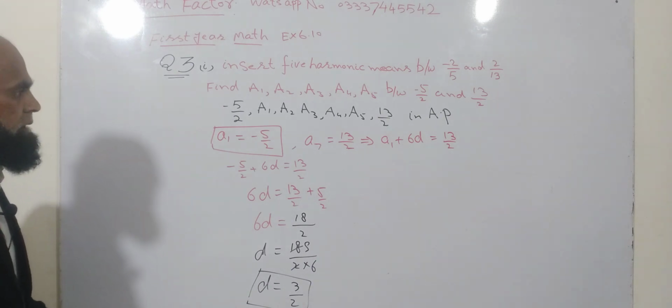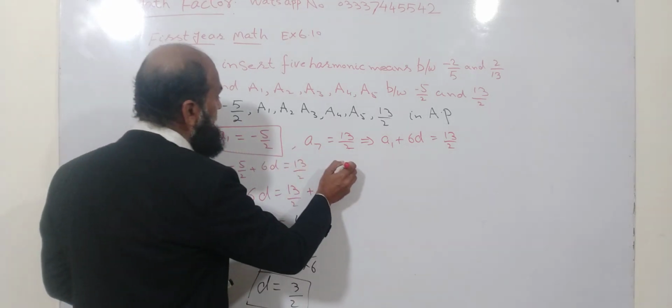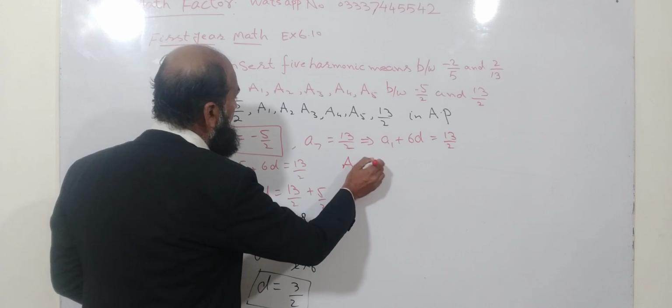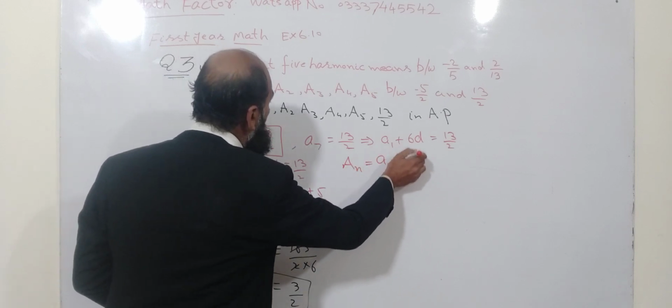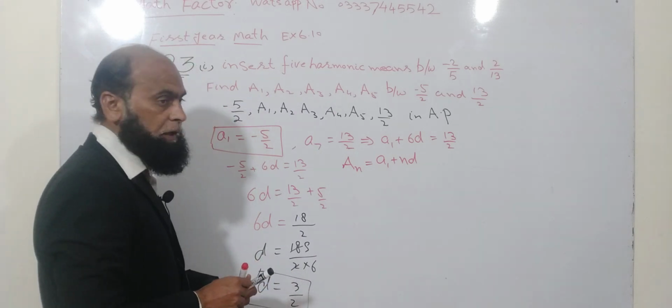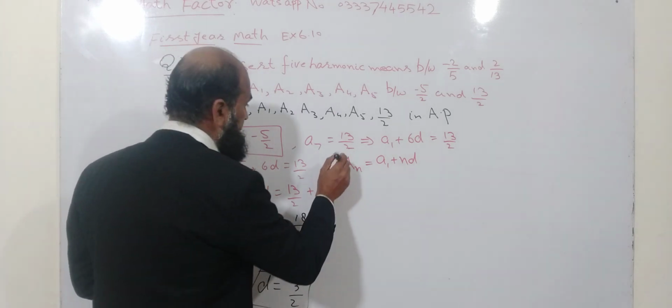Now we find by using the formula of arithmetic means. Nth arithmetic mean, the main formula is this: An is equal to a1 plus nD. This is the main formula for the nth arithmetic mean between two terms.